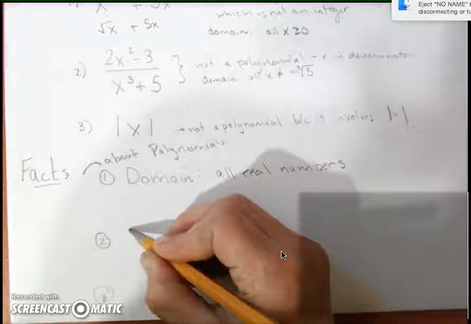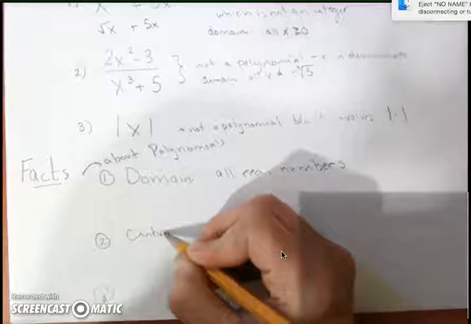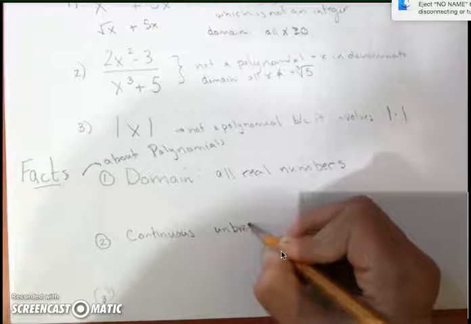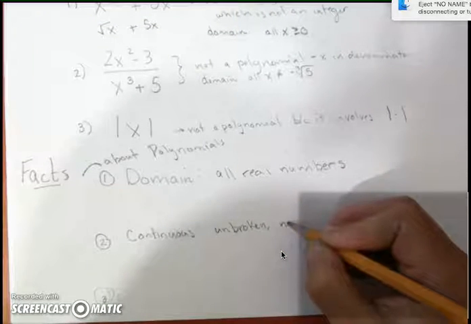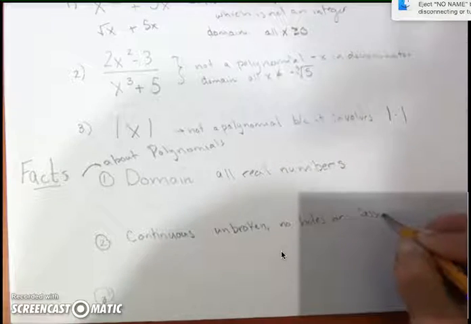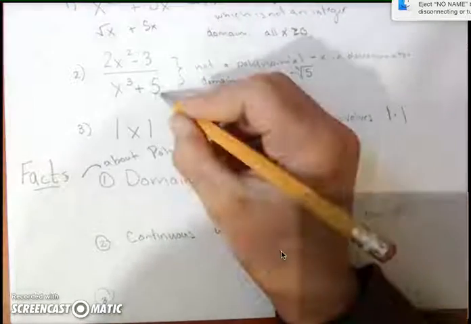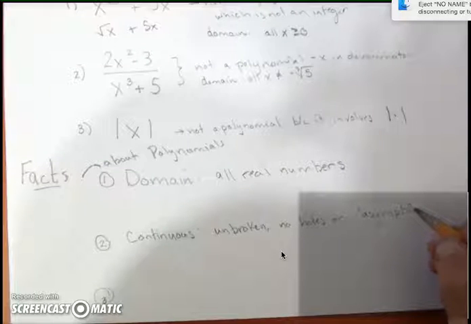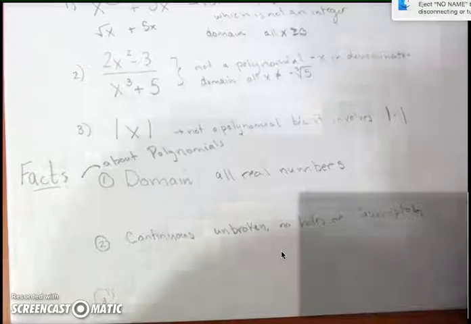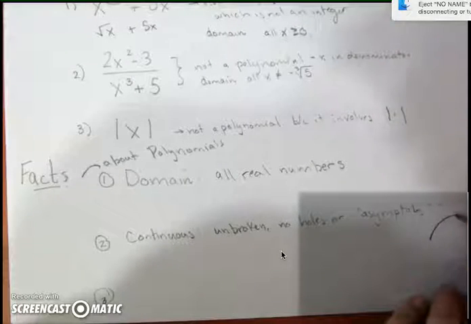Secondly, they have continuous graphs. Continuous just means unbroken, no holes or asymptotes, those lines that we saw in the graph of non-example number 2. So you wouldn't get something like this.